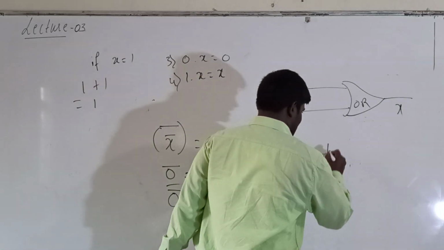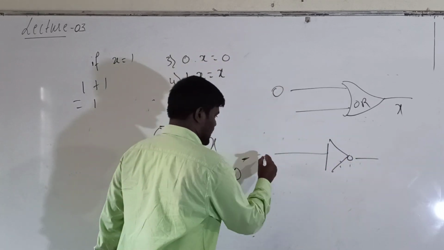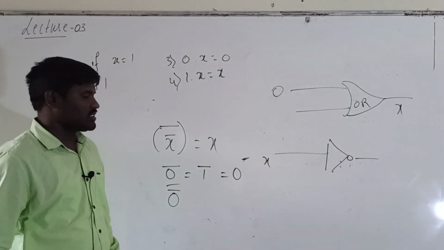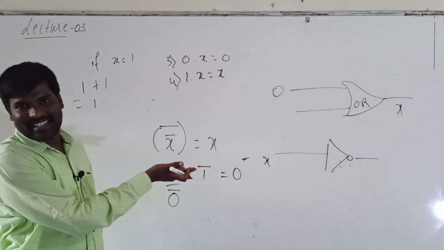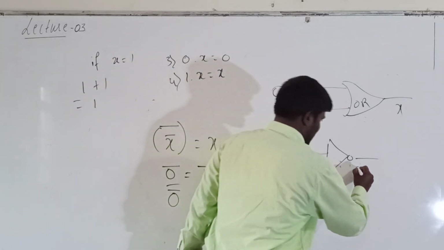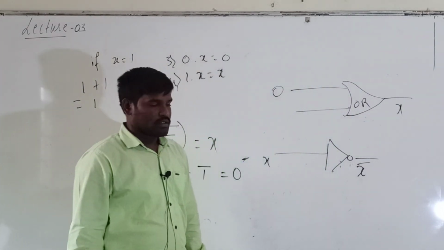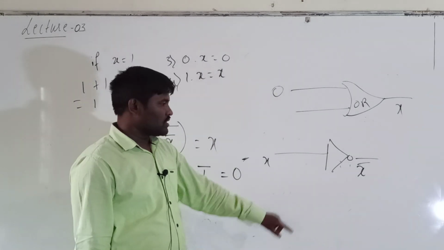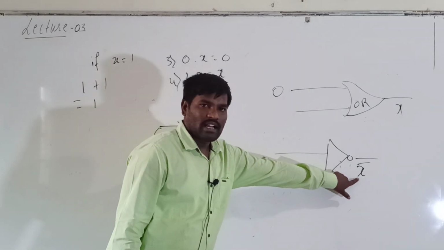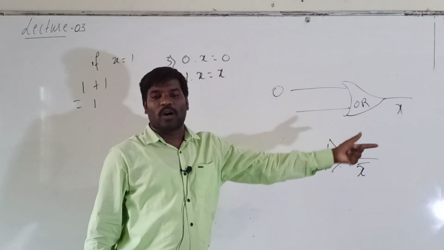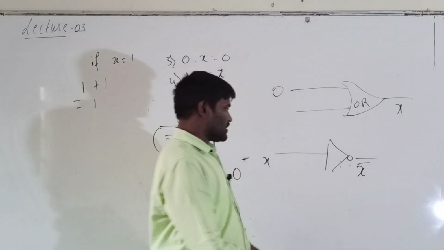The circuit diagram is, first I can apply 0, or in general you can take x. Here x bar. Suppose this x bar is again complemented, that is x double bar.